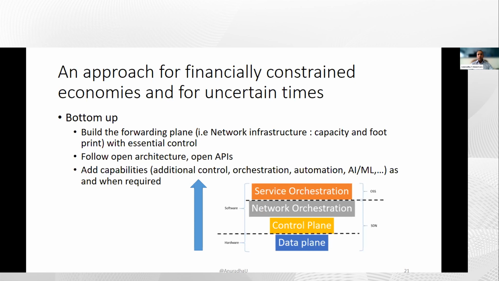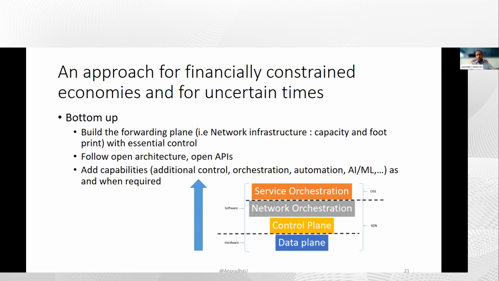So what sort of approach can service providers take in terms of investing to bring in these capabilities, which are essential for 5G services, especially in financially constrained or developing economies and in uncertain times? Now, the best approach I would see is a bottom-up approach.